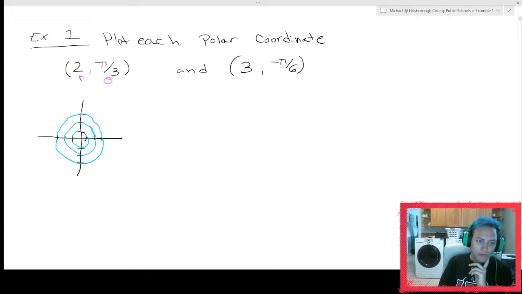So I'm going to go over the second ring for 2 as the radius, and then go up to 60 degrees and put a point right there. So that right there would be my polar coordinate 2 and pi over 3. And in the book they had drawn the little ray that goes through it too. But specifically the point is right here.